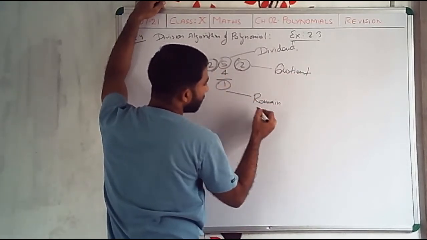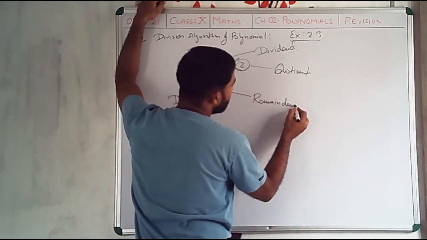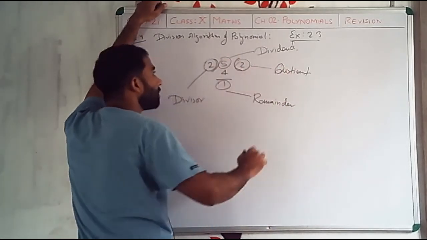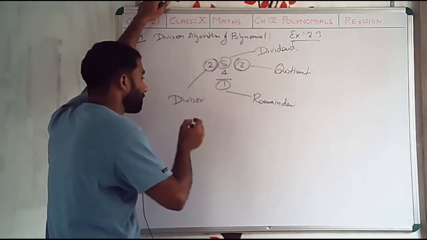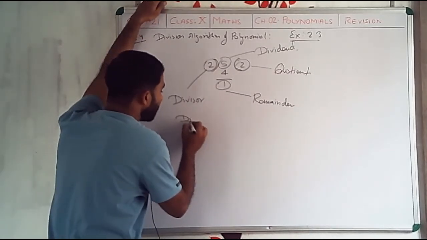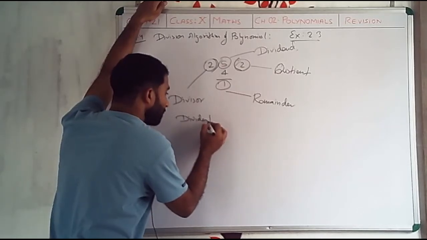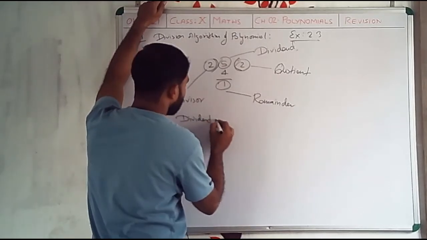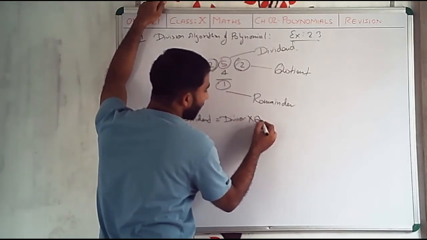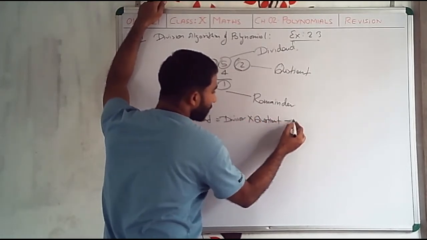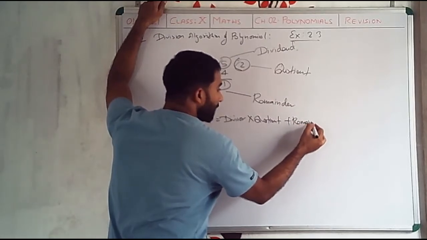These four terms have a relationship between them. What is the relation? Dividend is equal to divisor multiplied by quotient plus remainder.